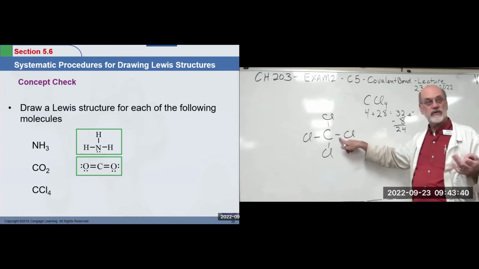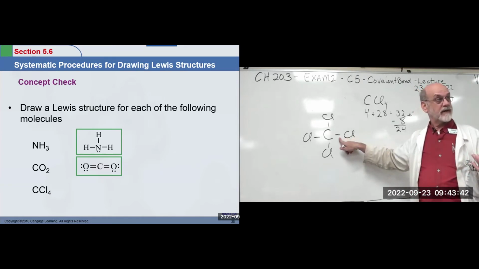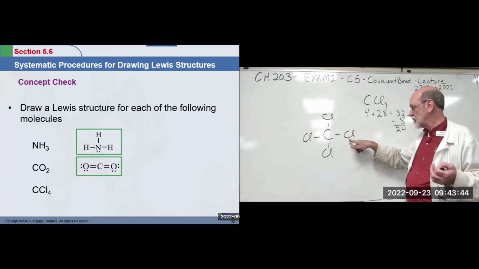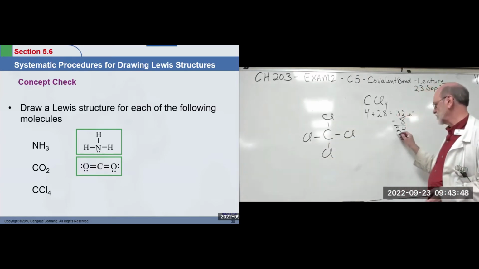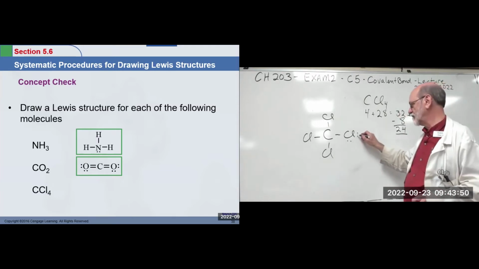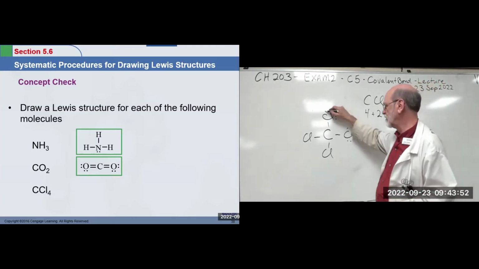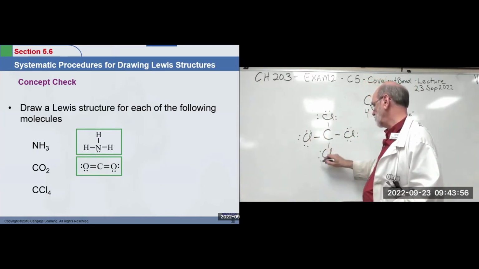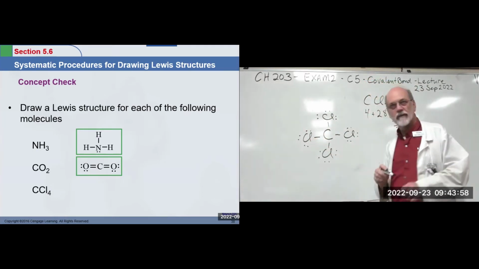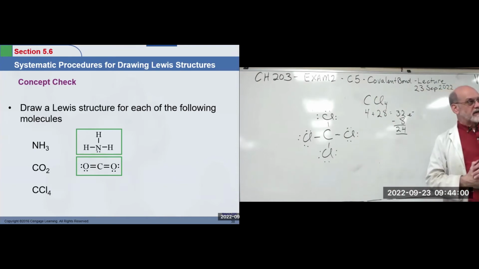It's already got 2, so it needs 6 more, right? So 6, 12, 18, 24. There we go. That's carbon tetrachloride.